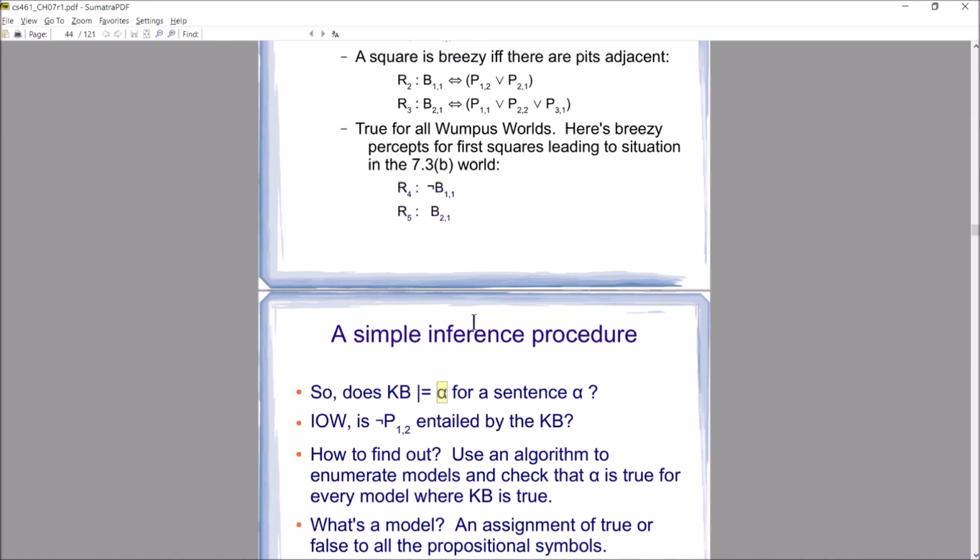Because if we went through the entire truth table, there are possible worlds where there is a Wumpus in that square, and there are possible worlds where the Wumpus is not in that square. So it is not the case that my knowledge base in that example entailed no Wumpus in square 1-3.